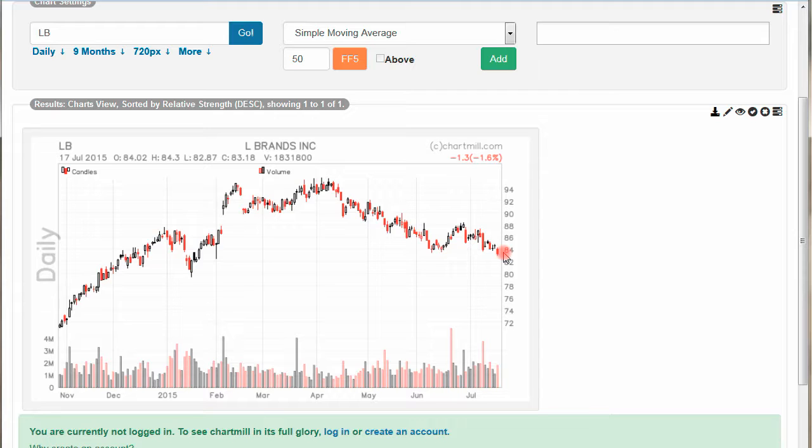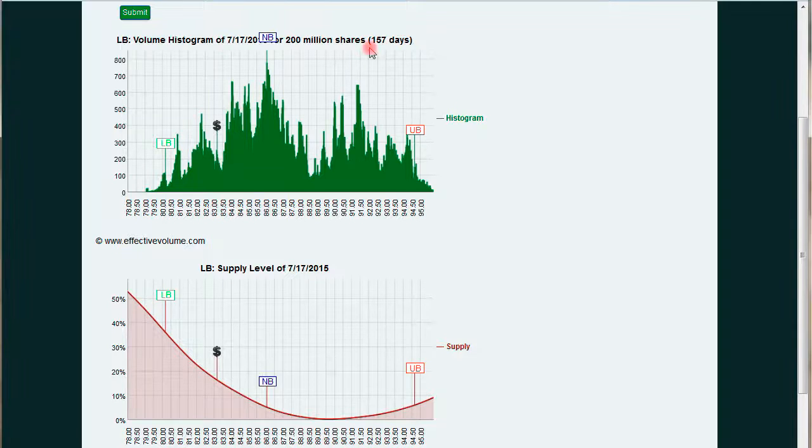Okay, so before starting to analyze the possibility of shorting a bounce, I would like to go to the supply indicator. I will click on the supply. It's here. Yes, okay. The supply indicator shows two things.